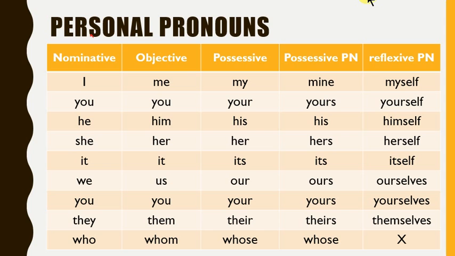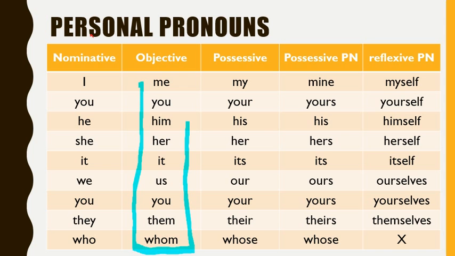What do I mean by the objective case? Objective case is the form of the pronoun that you use when you're using it as an object in a sentence. That means not only the direct object, but also the object of the preposition requires the objective case.